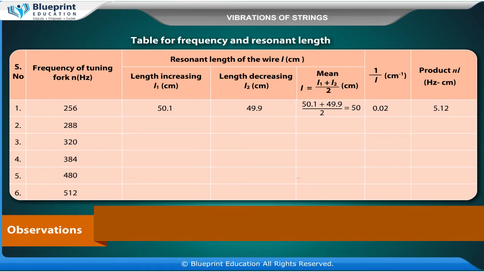Mean L is equal to L1 plus L2 by 2 centimeter. 1 by L centimeter raised to the power minus 1. Product NL Hertz centimeter. 256, 50.1, 49.9, mean 50.1 plus 49.9 by 2 is equal to 50, 0.02, 5.12, 288, 320, 384, 480.